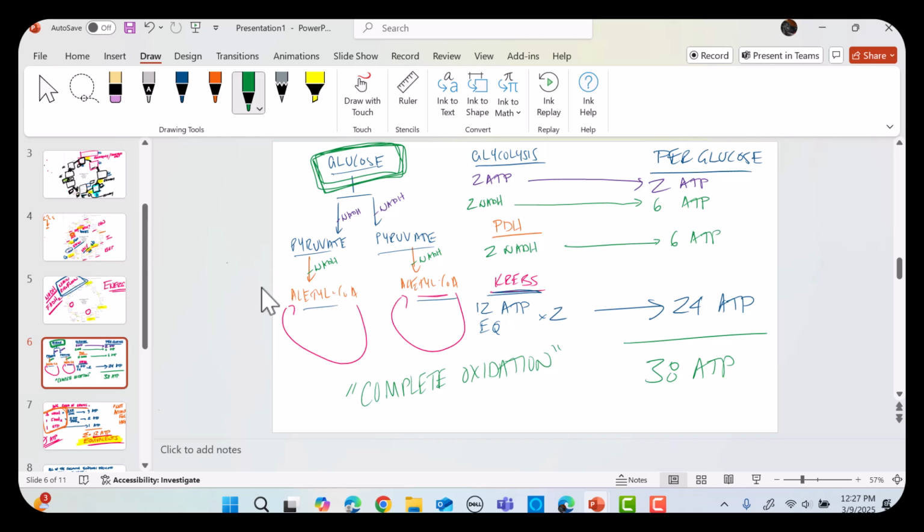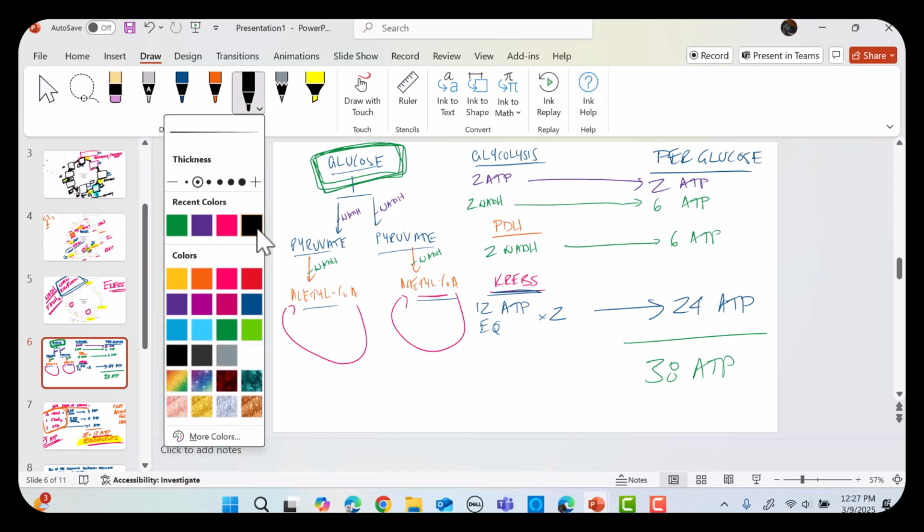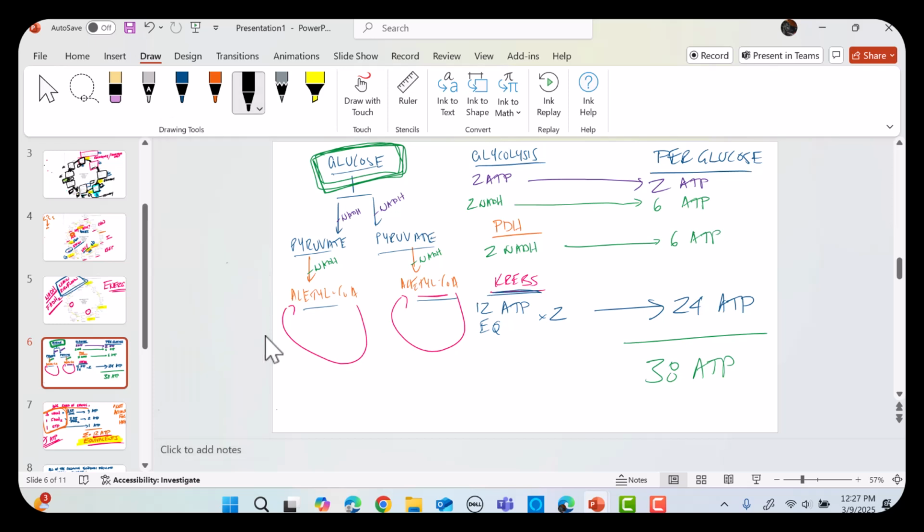Okay, so what we did here is we counted the equivalents in the process that we made them in. Let's do this a little bit differently. I'm going to leave this diagram, and I'm just going to add a category and kind of write over numbers so you can see how you want to do it.